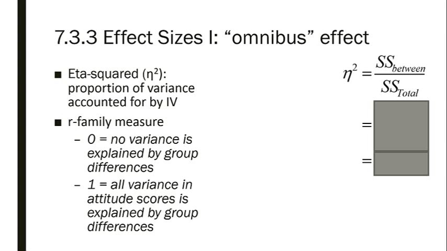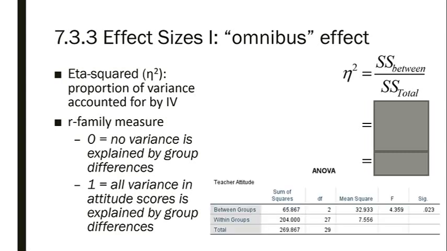So we can just divide SS between by SS total, and we can get those values from the ANOVA table. And note that even if we'd had a violation of homogeneity of variance, we could still use this table to get the sum of squares. The sum of squares doesn't change, even though the F ratio and the degrees of freedom do.